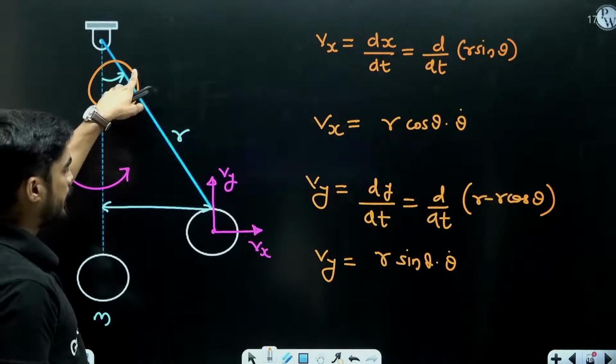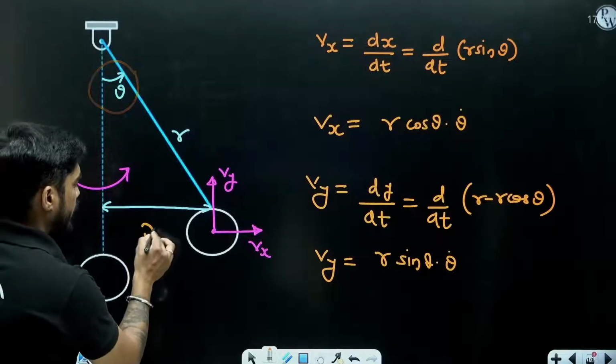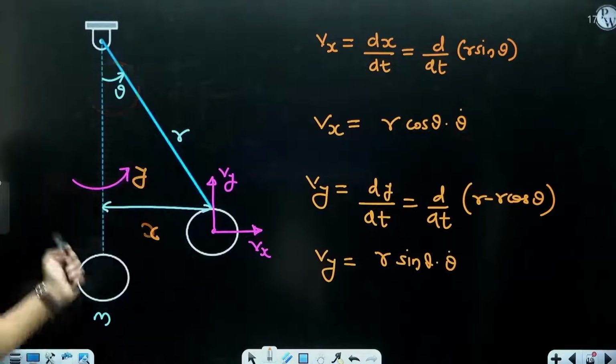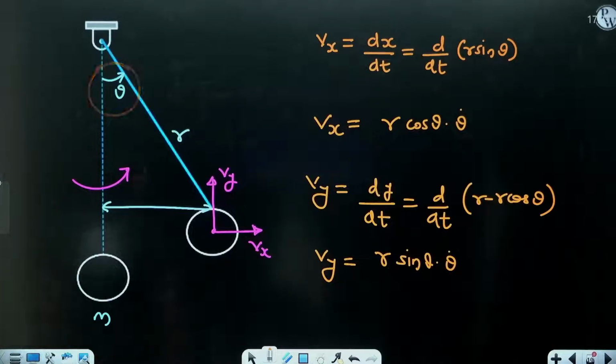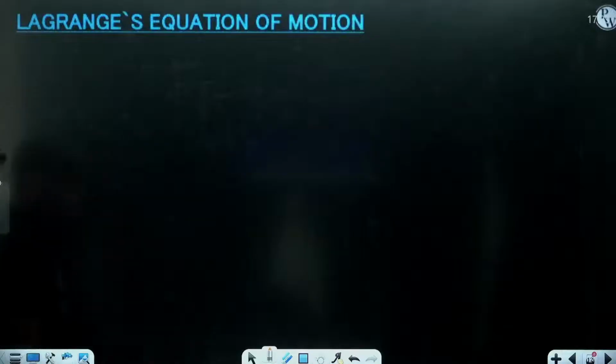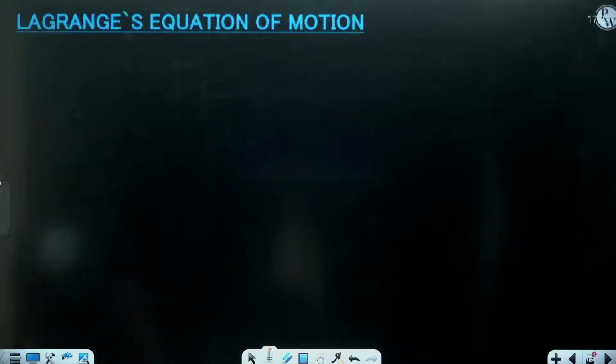So you don't write the equation in terms of x and y; you will write the equation in terms of theta. So what is your generalized coordinate here? Your generalized coordinate here is theta, not x and y.